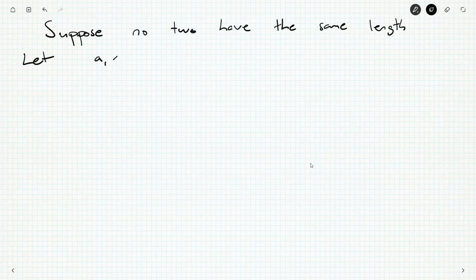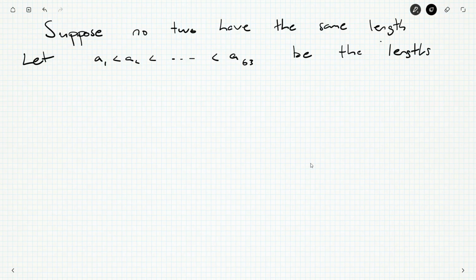Let A1, A2, all the way up to A63 be the lengths in increasing order. Maybe I should have used L, but I don't want to use the curly L. Okay, it's less than, not less than or equal, because we supposed that no 2 have the same length.